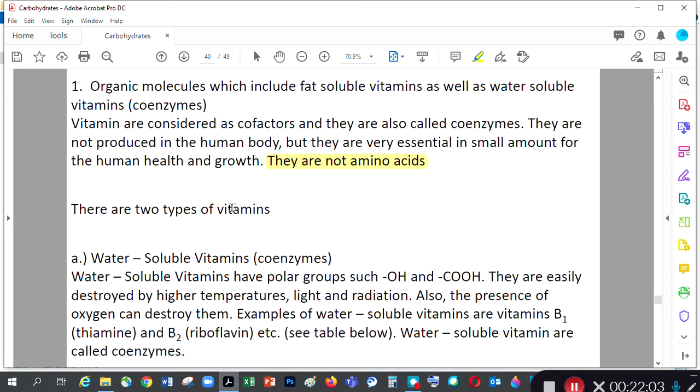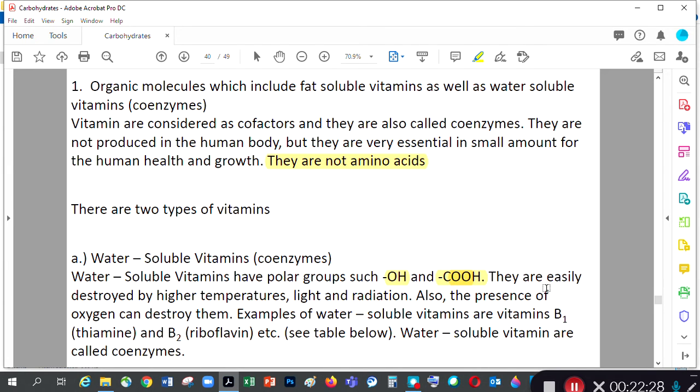There are two types of vitamins: water-soluble vitamins, coenzymes, and fat-soluble or water-insoluble vitamins. The water-soluble vitamins have polar groups, such as the hydroxyl groups here, or the carboxylate group here, the carboxylic group.